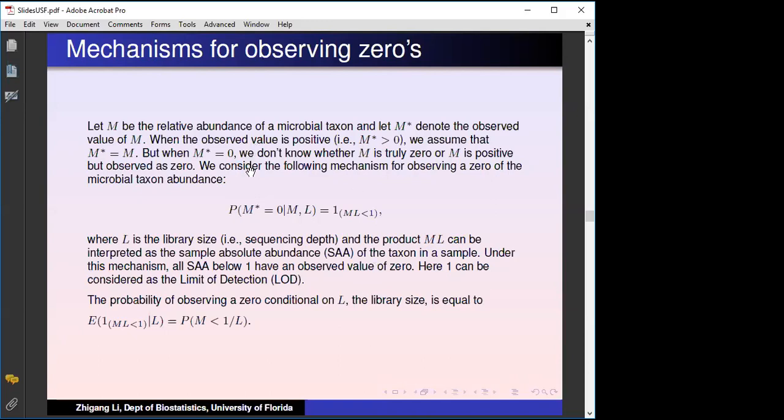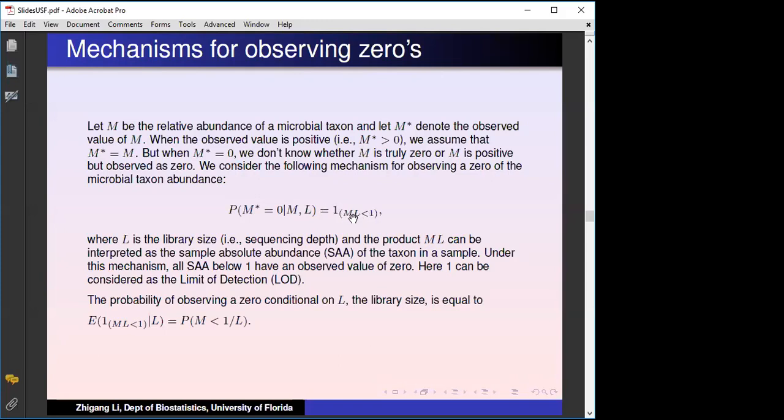So here, the same thing, we assume a kind of mechanism for observing 0. If we let m star denote the observed value of the relative abundance of the taxon, and m denote the true value of the relative abundance, then the probability that we observe a 0, conditional on the true relative abundance and the library size denoted by L, is equal to this.